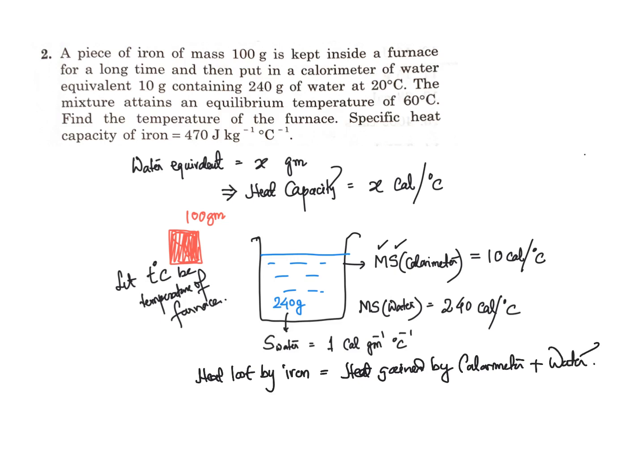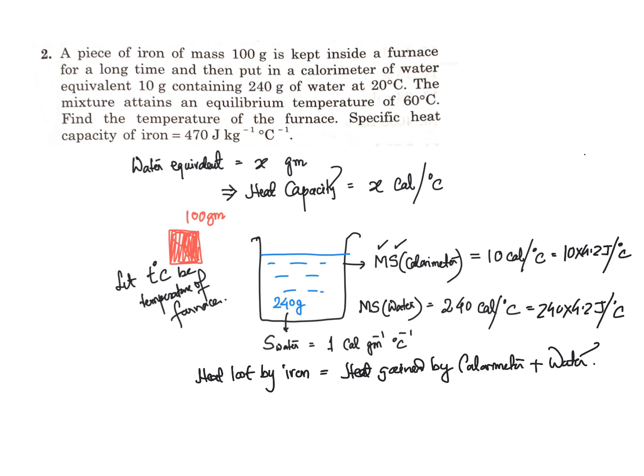Now it's in calorie, so you multiply by 4.2. So 10 times 4.2 joule per degree Celsius, and 240 into 4.2 joule per degree Celsius.